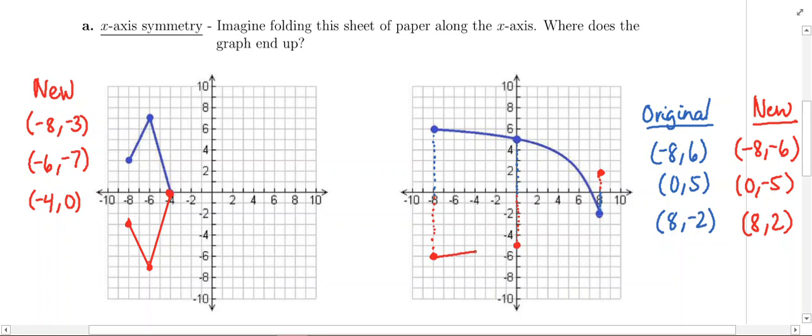I'm going to just draw this in. So this red curve is the x-axis symmetry. If you fold the sheet of paper along the x-axis, the blue curve is going to lie directly on top of the red graph.